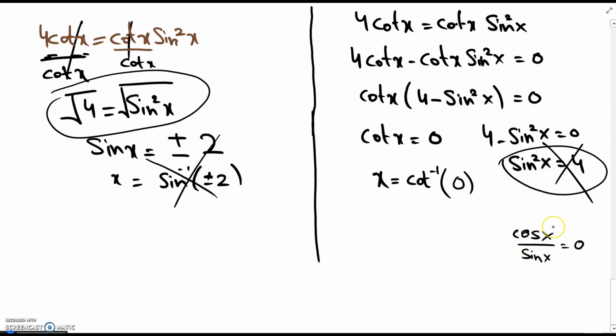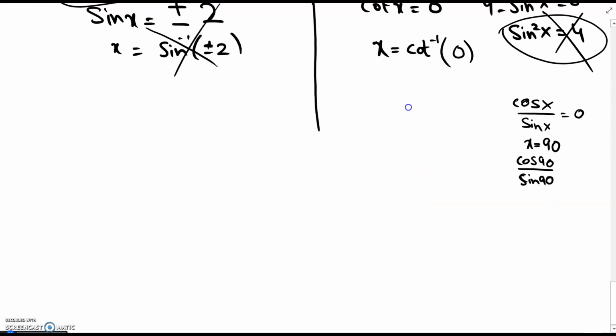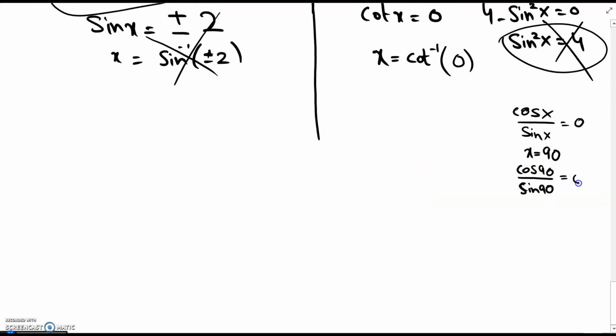But if you replace x with 90, you get your answer correct, which equals 0, right? So look at this, cos 90 over sine 90. Cos 90 is 0, sine 90 is 1, so 0 equals 0. So this satisfies this condition.